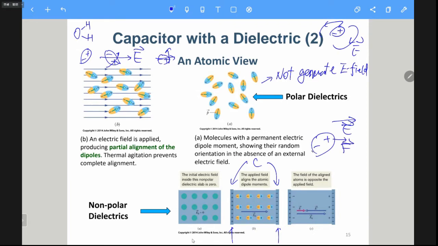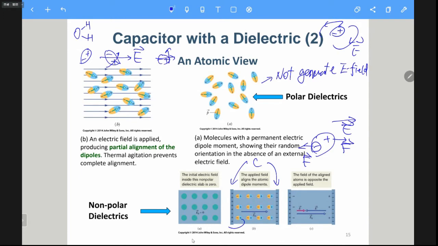And for the negative side, as long as the E field still points to the right side, the Coulomb force will point to the left side. So you try to drag all the dipoles to align with the external E field. In that case, all the dipoles are aligned.